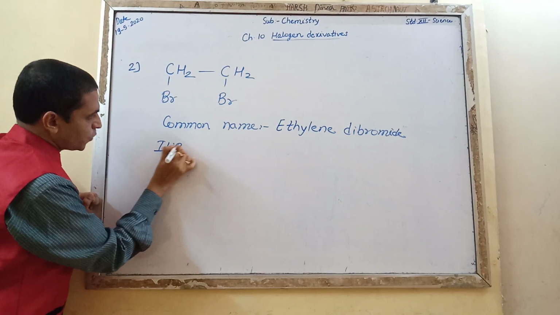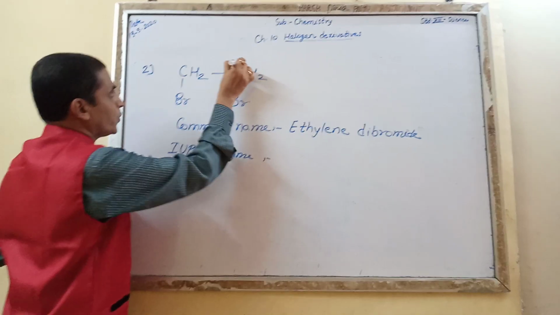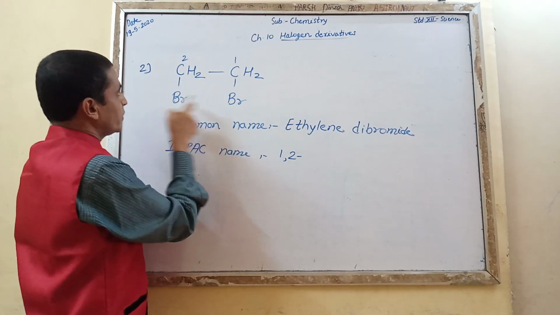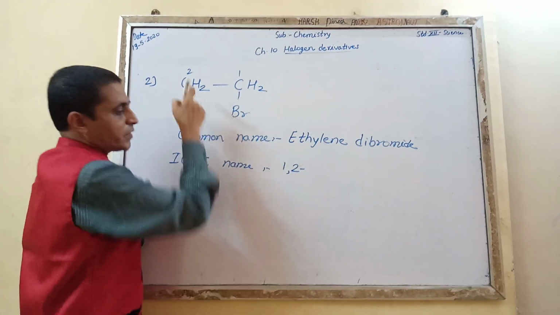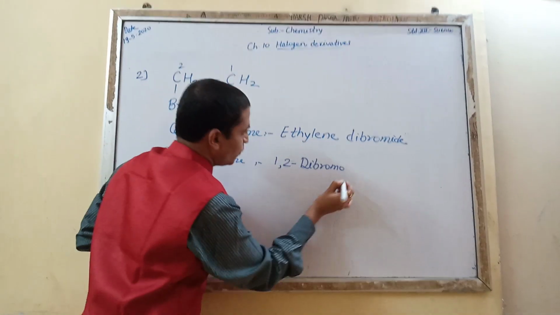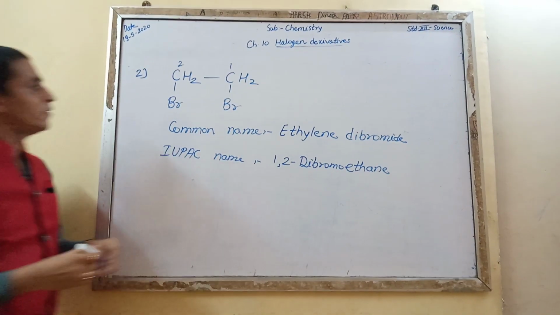In order to give the IUPAC name, it is very easy. You can consider this as 1 and this as 2. Both the halogen atoms are attached to adjacent carbon atoms, to the first carbon atom as well as the second carbon atom. So here you get 1,2-dibromoethane.